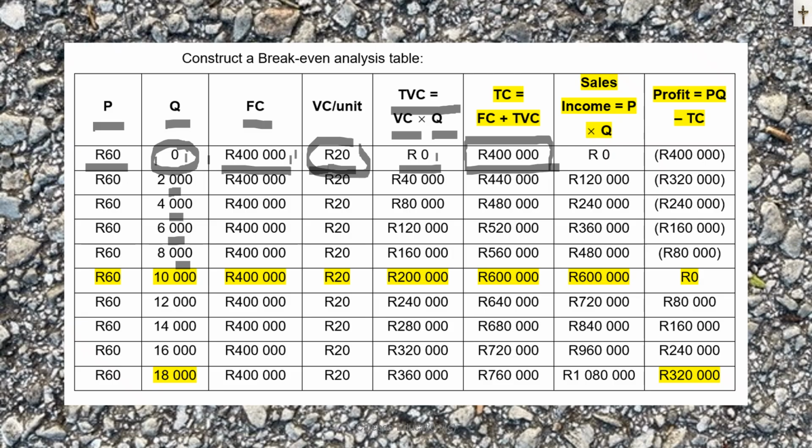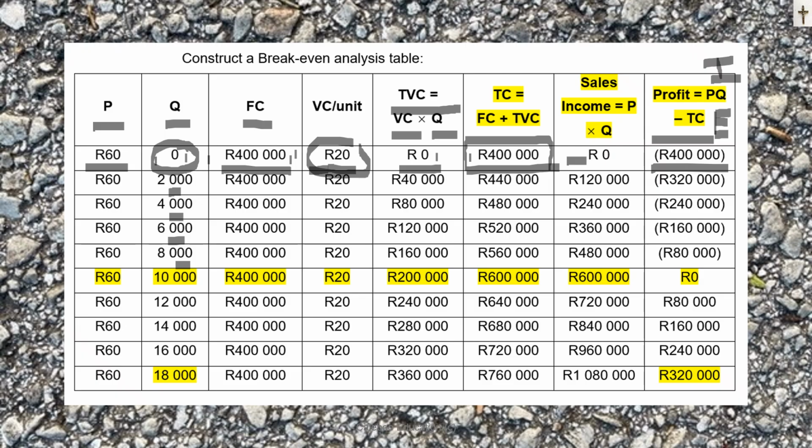There was no total variable cost, so the total cost is 400,000. There were no sales, so the income is 0, and in this case, income less expenses, the total cost, there was a negative value of 400,000.